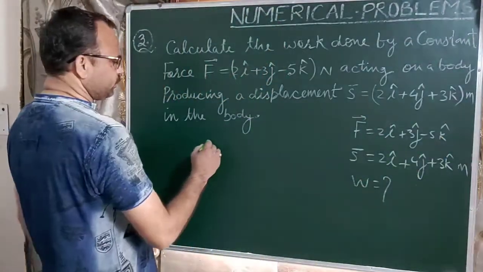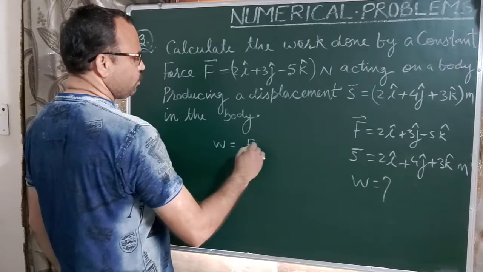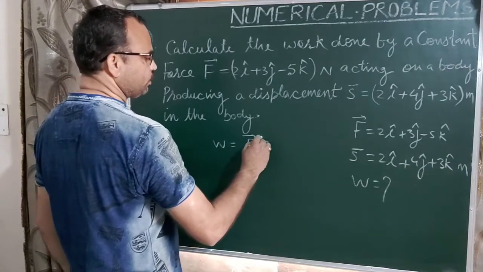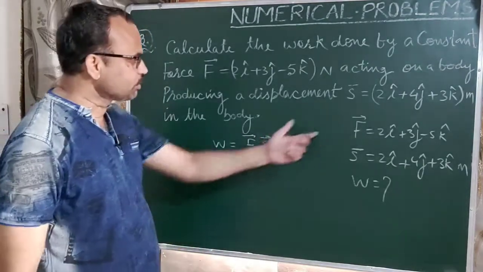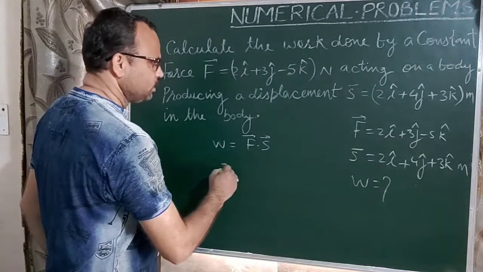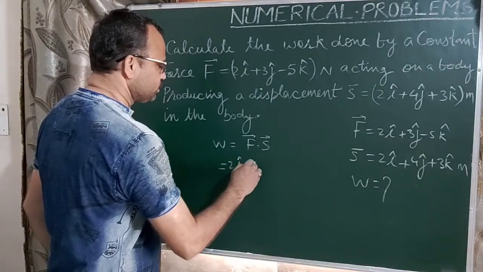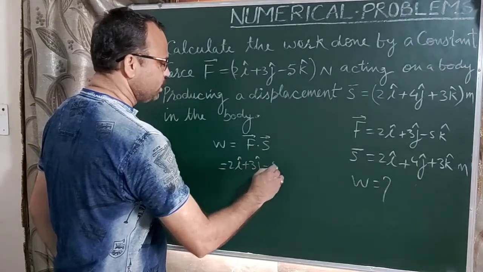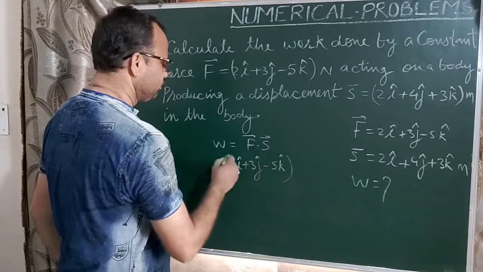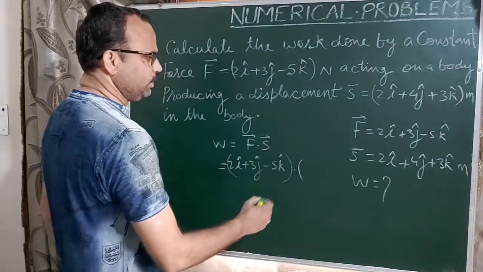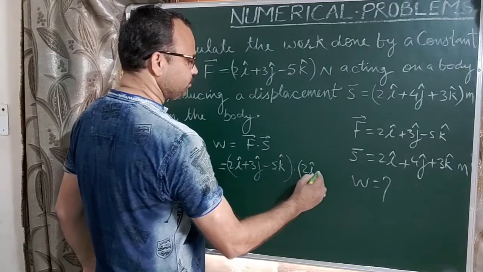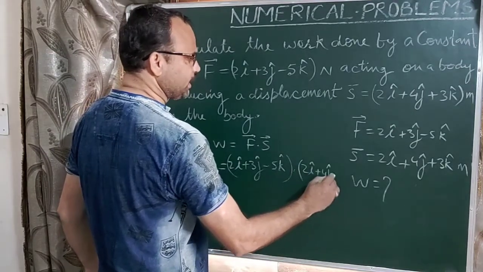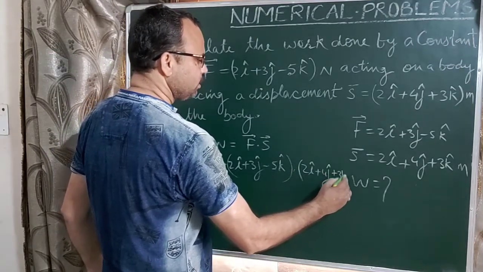As we know, work done equals F vector dot S vector. Now substitute the values of F and S: 2 i cap plus 3 j cap minus 5 k cap dot 2 i cap plus 4 j cap plus 3 k cap.